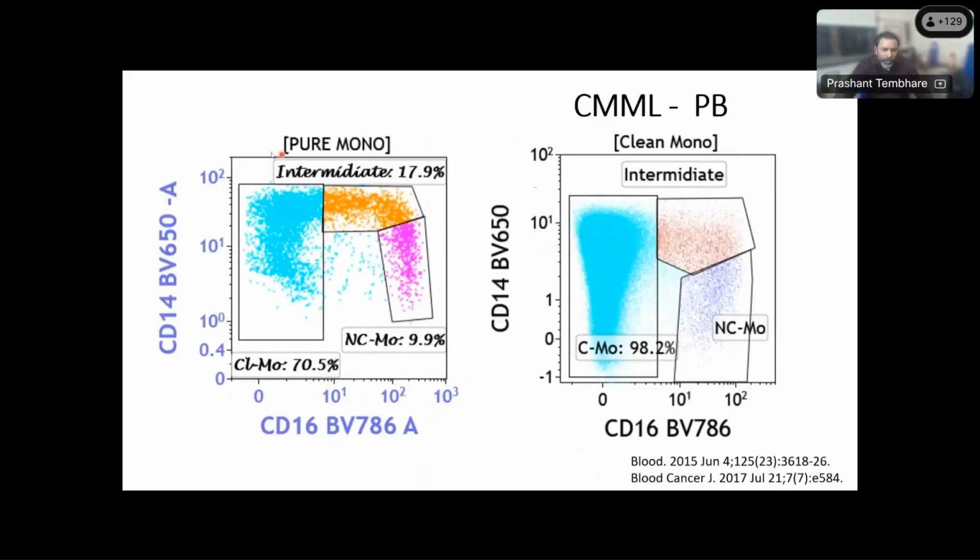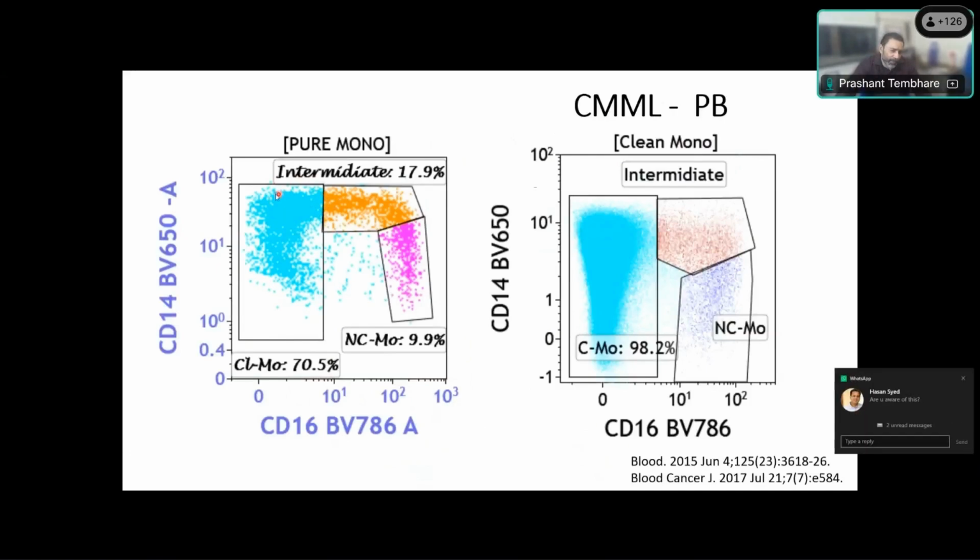You can also use an internal control, let's say T lymphocytes, or the internal monocytes, to define it. You can see that the majority cluster is monocyte negative, so you can take it as an internal control for CD16 positive. Here only a subset is showing CD16 positive, so there you put a cutoff where CD16 positivity starts.